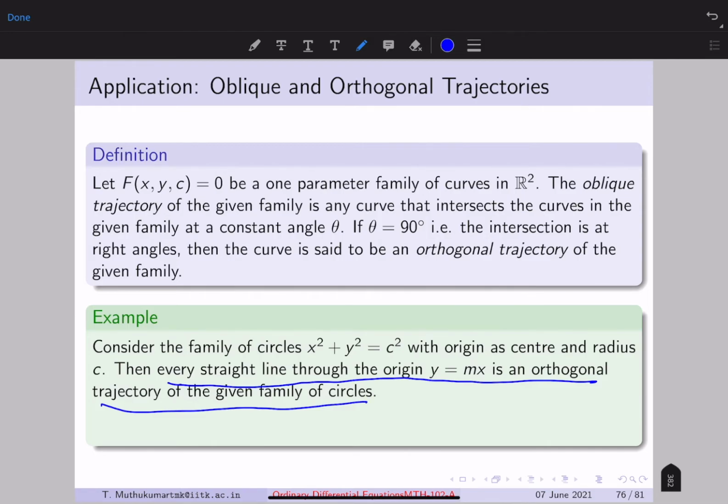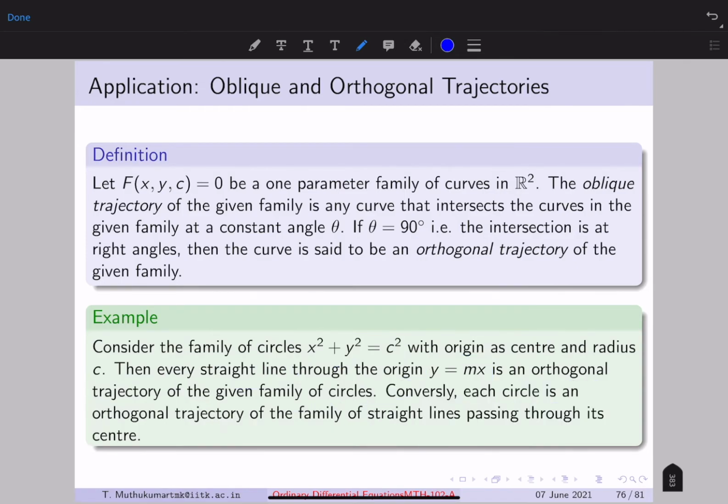These two families intersect at right angles at every point of intersection. The converse is also true: each circle is an orthogonal trajectory of the family of straight lines, because both curves intersect each other at the same angle.